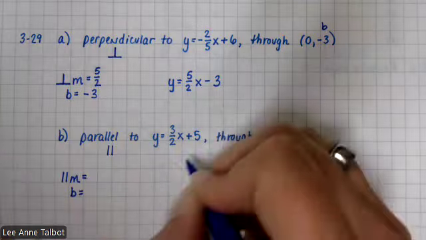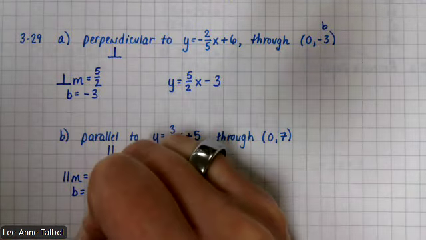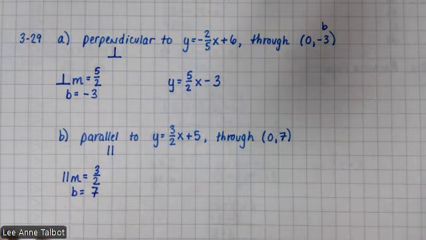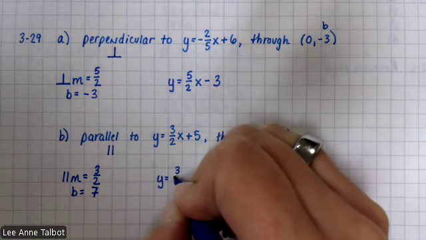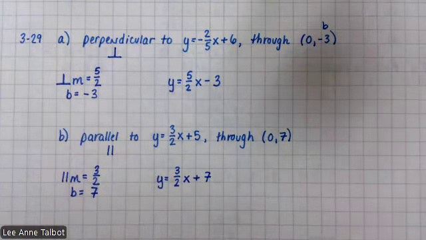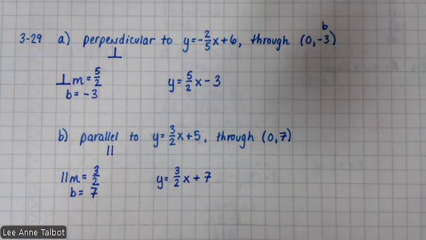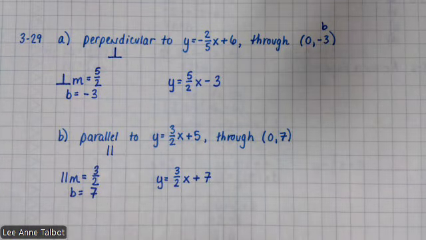Equal. So the slope is 3/2 and B is 7. Y equals 3/2x plus 7. Okay, now we're going to do notes on this and then we're done.